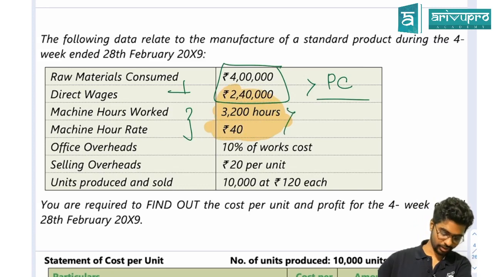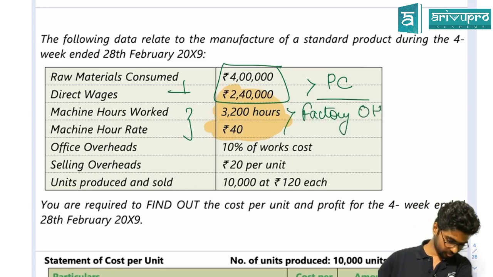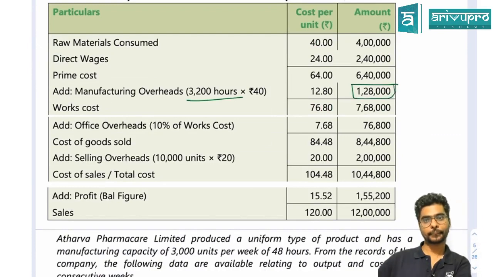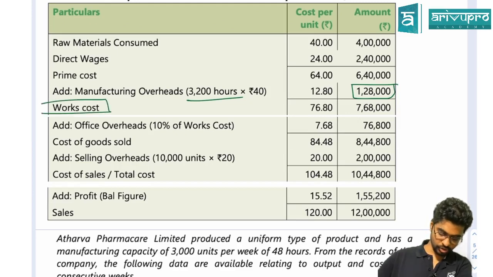Correct. This is required for the purpose of. So what is factory overheads? 3200 into 40. Correct. Then I got my works cost.